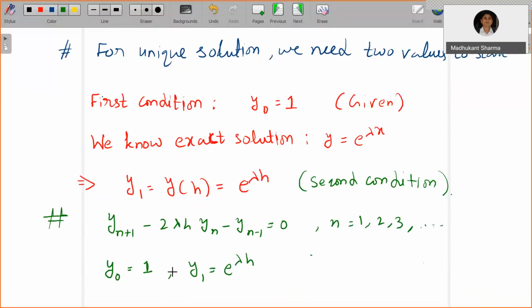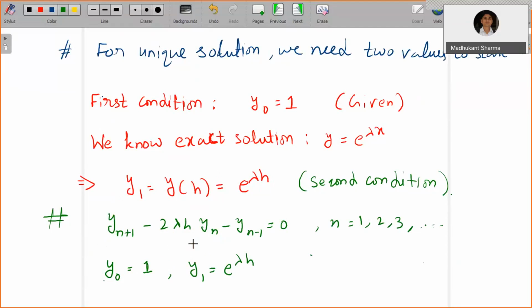It is the same situation as in a first order differential equation: if you want to solve it uniquely, you need to assign one condition. Similarly, to solve a second order differential equation uniquely, you need to assign two conditions to determine two constants. So here, it is a difference equation of order 2, so it requires two starting conditions to determine a unique solution.